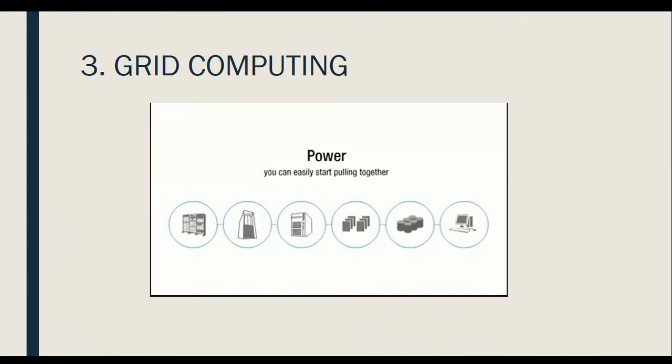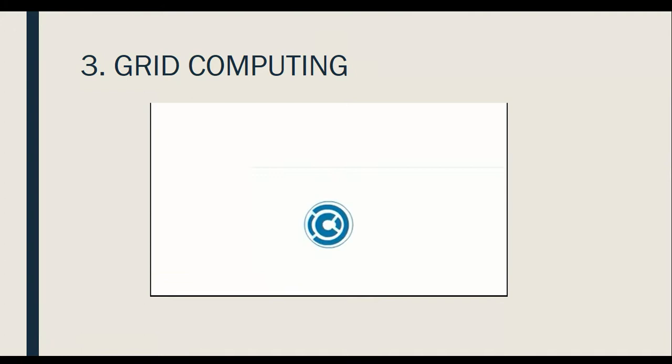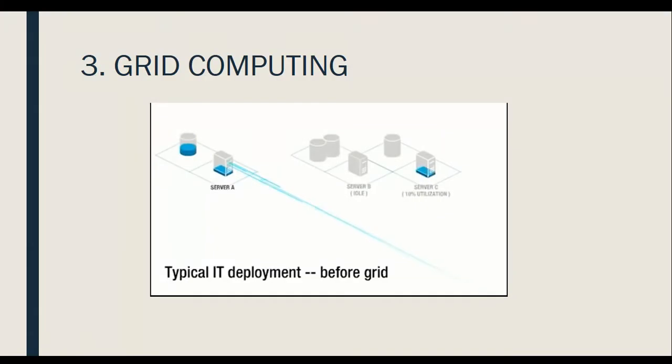Power you can easily start pulling together and dedicating to your most pressing business problems. This is IBM Grid Computing. How does grid computing unleash the power of existing systems? The typical IT deployment. Before Grid, a powerful application runs on a designated server. During peak cycles, that server can get overworked and the application can slow, wait.